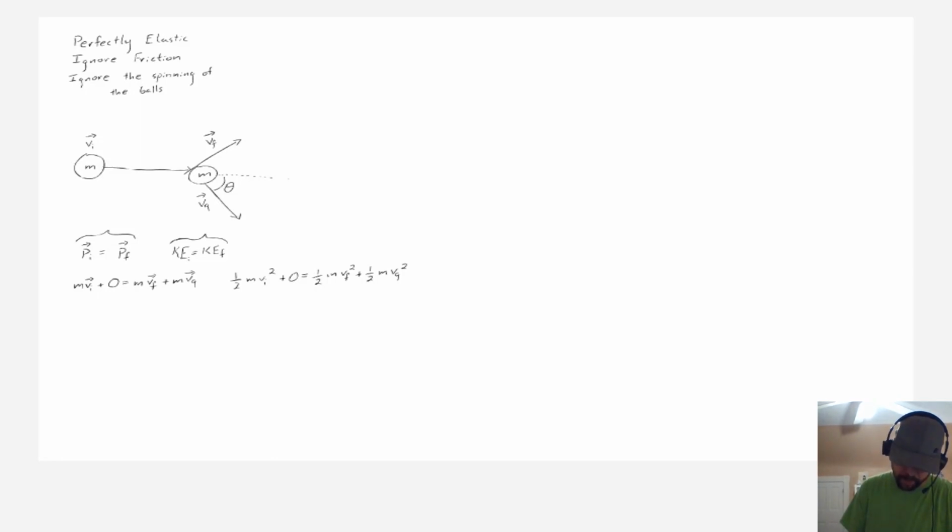Now we're going to have to split up these velocity vectors into their component parts, and it's not really a good place to write it.